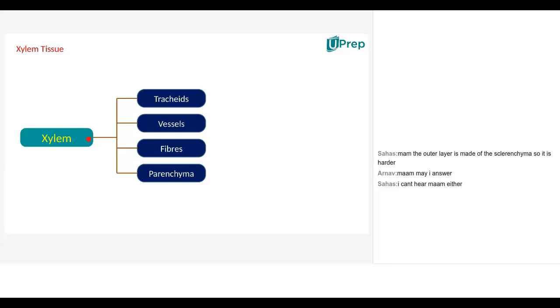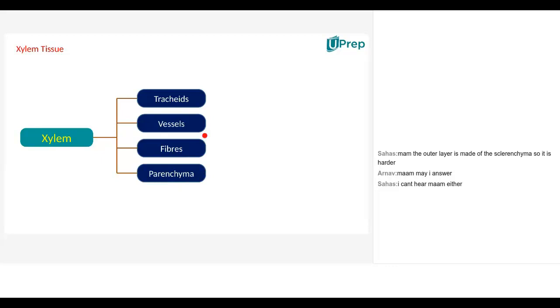It has tracheids, vessels, fibers, basically called xylem fibers. Then parenchyma, which specifically we call xylem parenchyma. So these are the different types of cells you will find in xylem tissue: tracheids, vessels, xylem fibers, and xylem parenchyma.